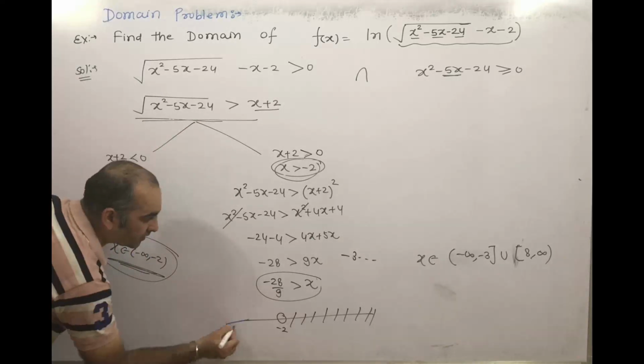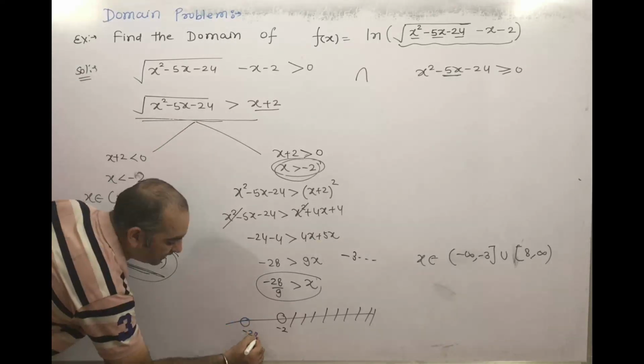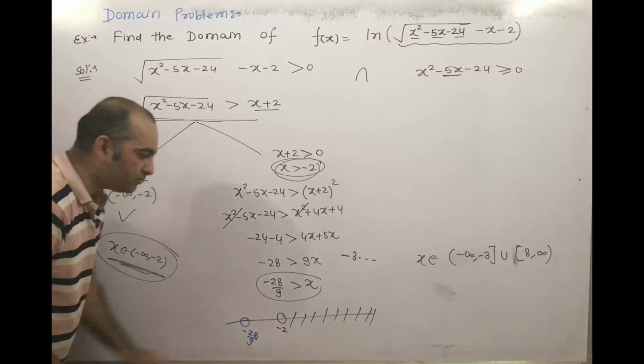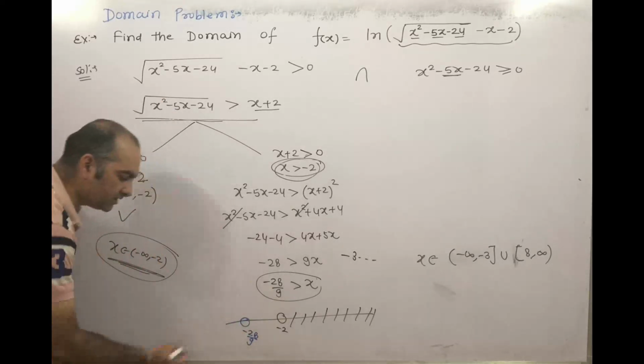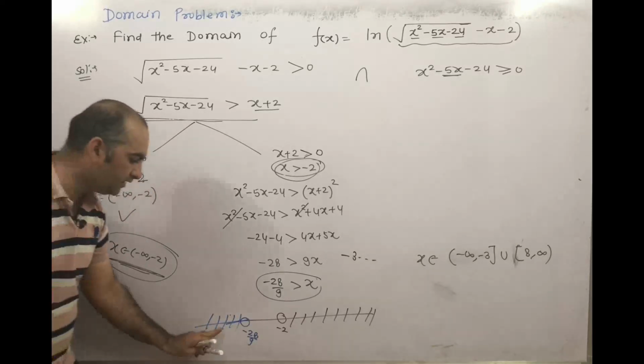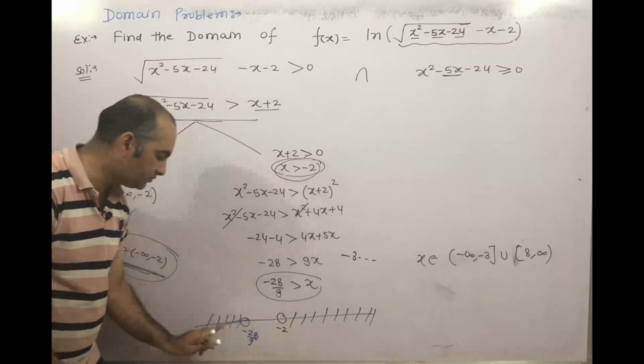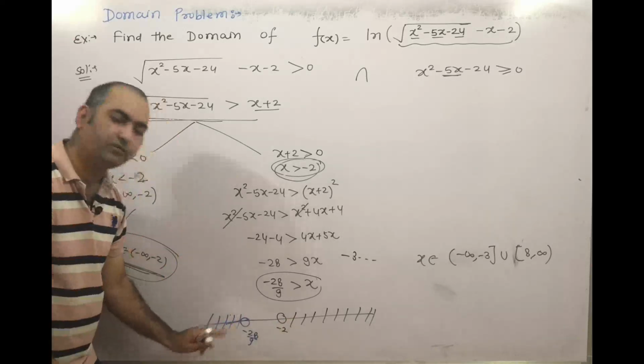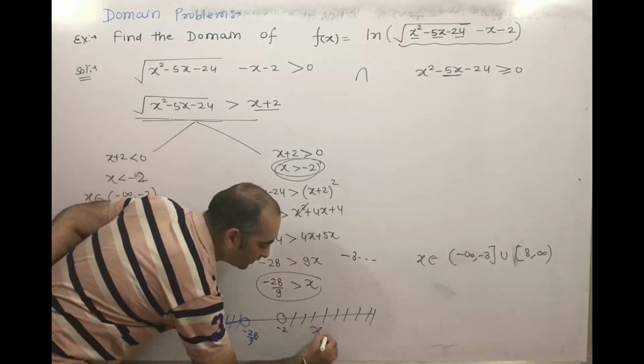And x should be less than this, that means x should come on the left hand side. Now we take the intersection of this one, blue, with this one, black. So from here we can say that x belongs to the empty set.